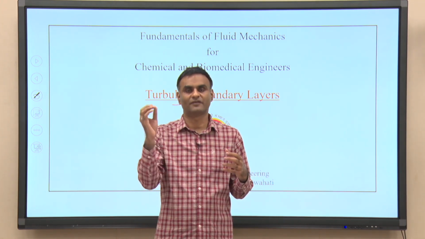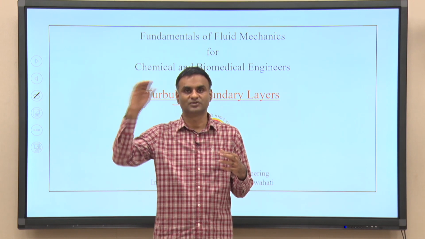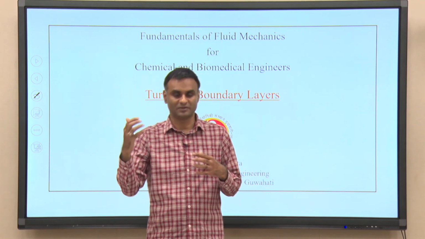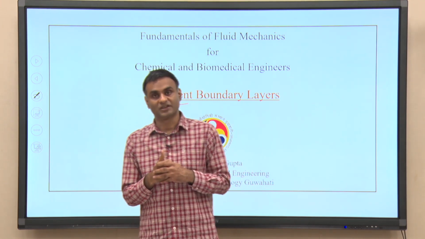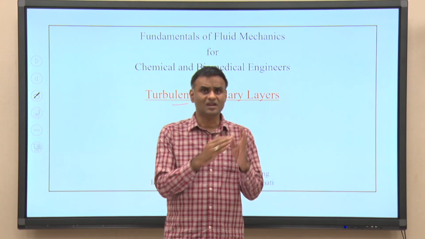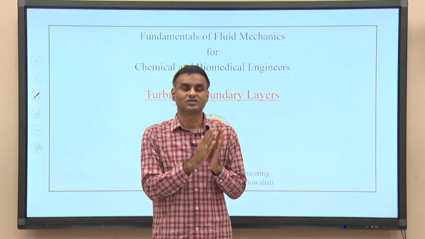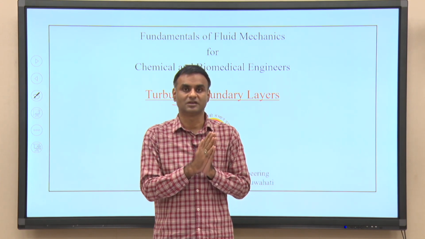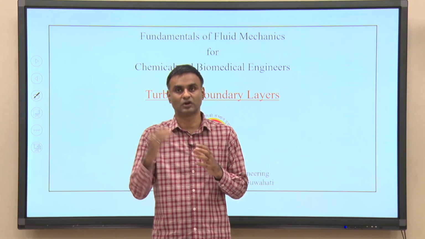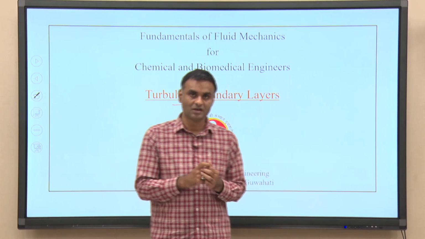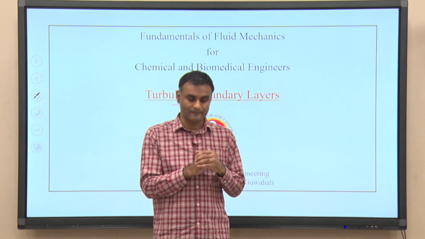This term was of the form rho u dash v dash bar, where bar represents the averaging. Now, this rho u dash v dash is the Reynolds stress, or the stress caused by turbulent fluctuations, a form of stress.